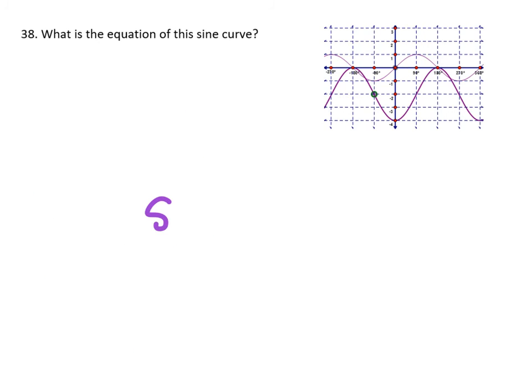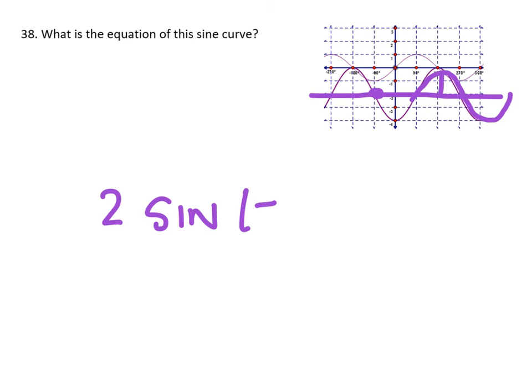So we know it's a sine curve. Let's take a look at it here. Its amplitude is 2, we can see that. And it looks like a normal b value, 2 pi. And so we moved to here, so that means we moved x minus plus pi over 2.